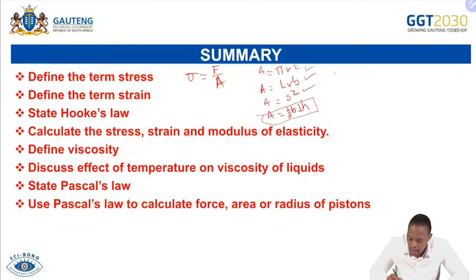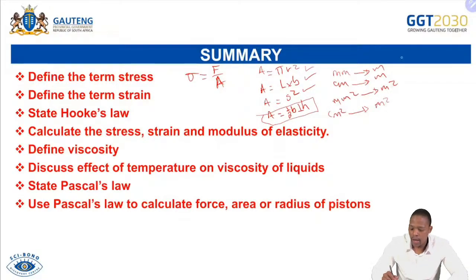You must be able again to convert from millimeters to meters, from centimeters to meters. Very, very important. From square millimeters to square meters, from square centimeters to square meters. Again, questions that I've seen being asked before by examiners. So you must be able to do that.